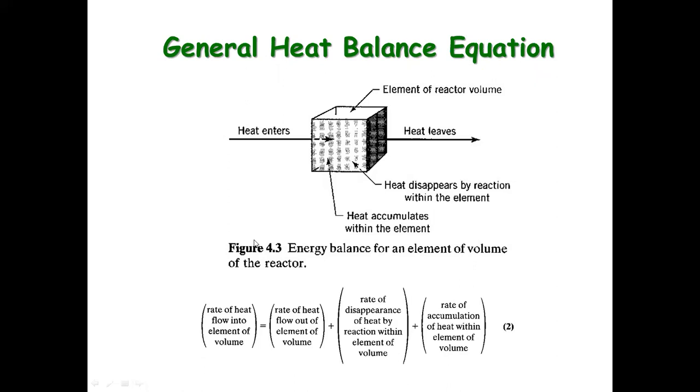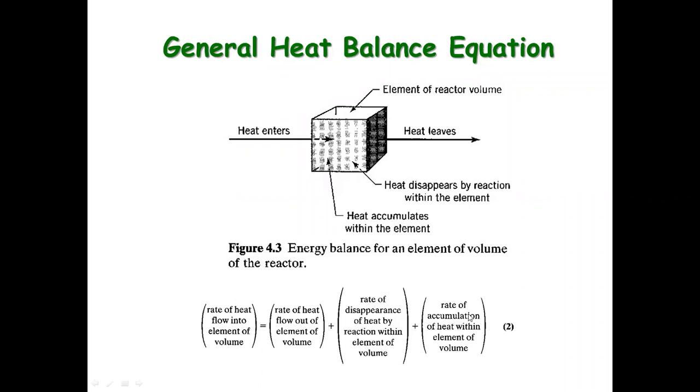Our energy balance, or our heat balance, is patterned after the material balance. So the rate of heat flow into the element volume, or the rate at which energy is being introduced into the element volume, should be equal to the sum of these three: the rate of heat flow out of the element volume, the rate of disappearance of heat by reaction within the element of volume, and, if your reaction is liberating heat, that would be the rate of disappearance of heat.